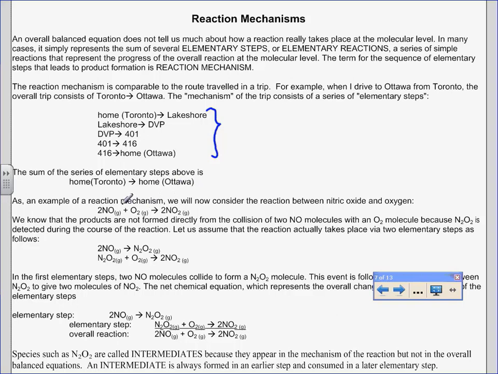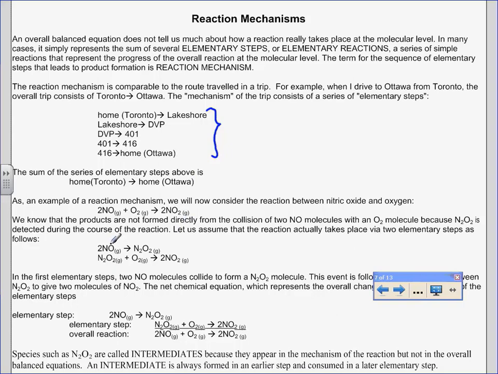Here's another example. We've got 2NO plus O2 going to 2NO2. This reaction doesn't happen in one step. So it doesn't occur by 2 molecules of NO colliding with 1 molecule of oxygen to produce 2NO2. It happens in elementary steps, and the elementary steps that occur are these ones.